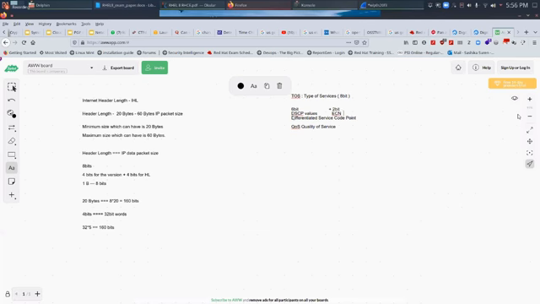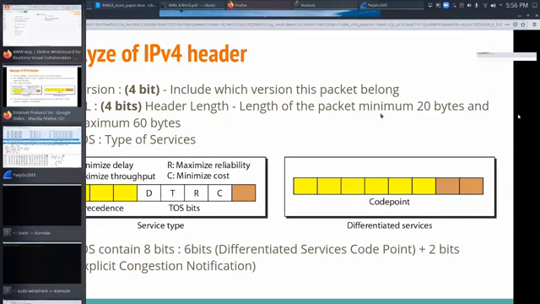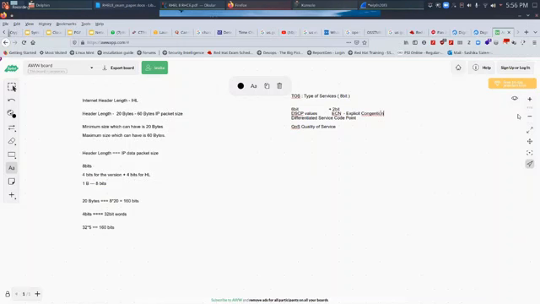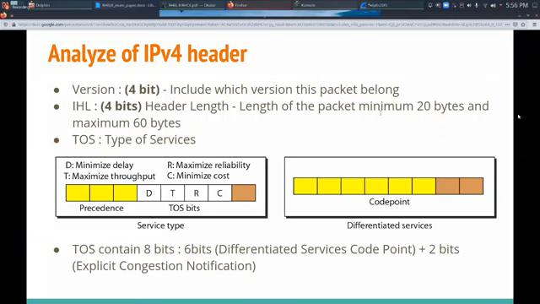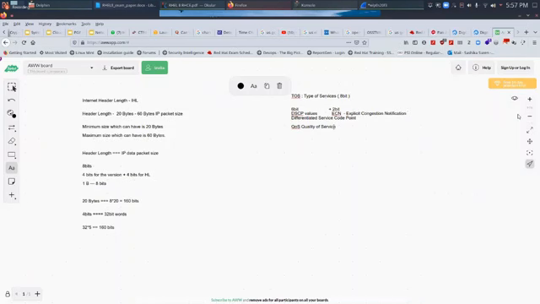Are you clear, guys? ECN stands for explicit congestion notification. Explicit congestion notification. So you can see these things. Are you clear, guys? Do you have any issues, concerns with this?